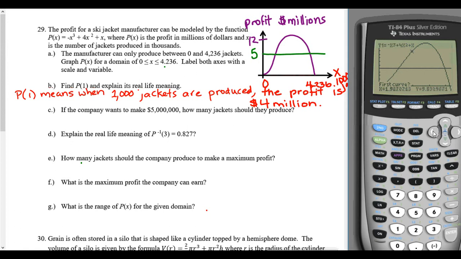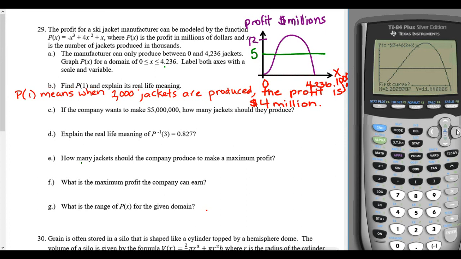I'm going to move close to where it crosses, and I'm going to hit enter, enter, enter. So there's my first answer, 1.162. That was thousands of jackets. So 1,162 jackets. Now I'm going to find the other one, the intersect. Move over here.